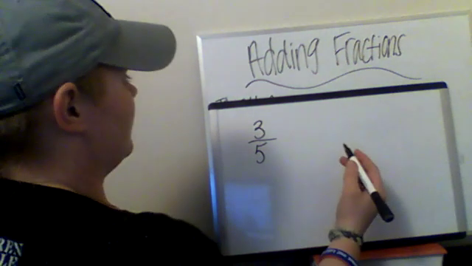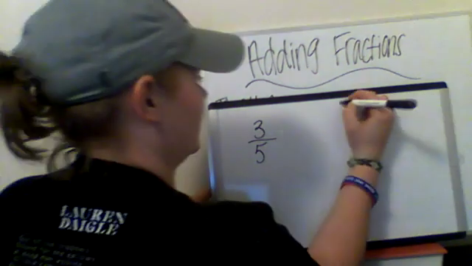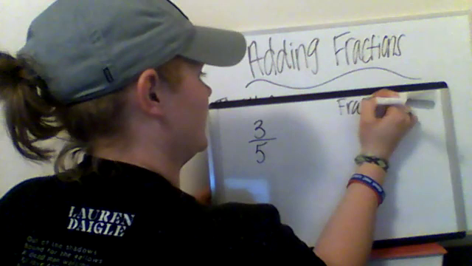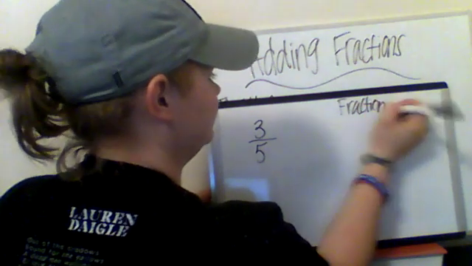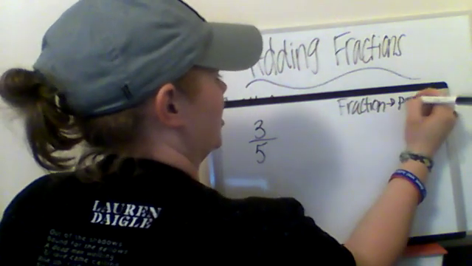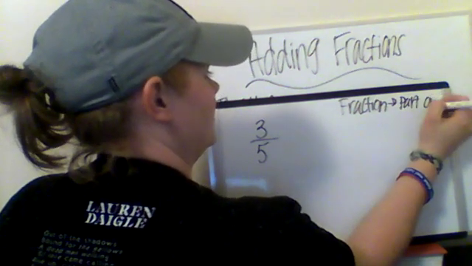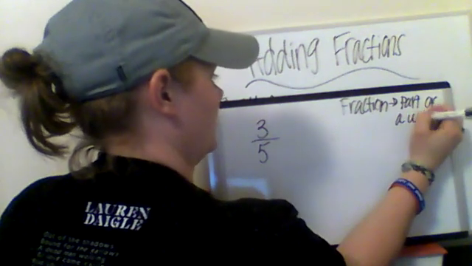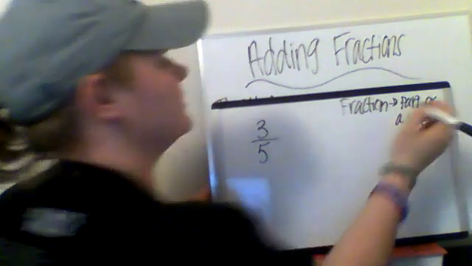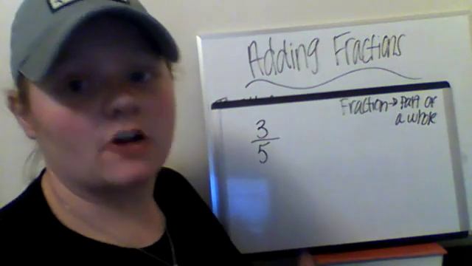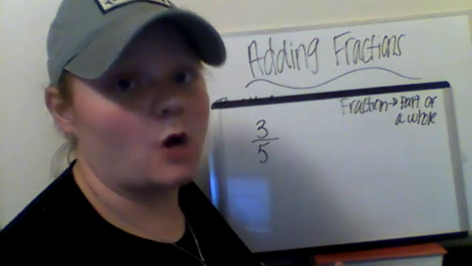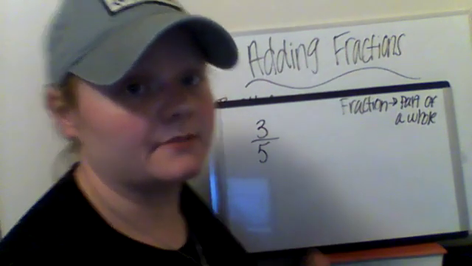So if I'm talking about a fraction, meaning it's a part of a whole, okay? I need to realize or figure out which part represents my part and which part represents my whole.